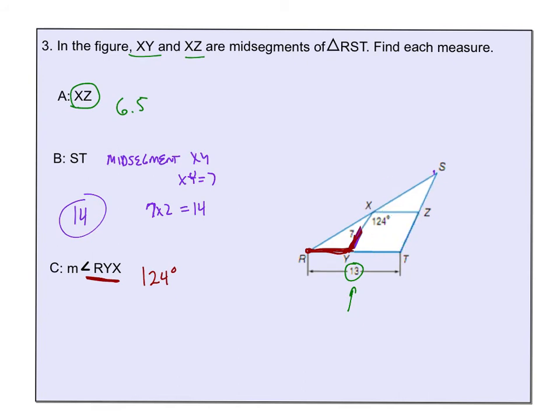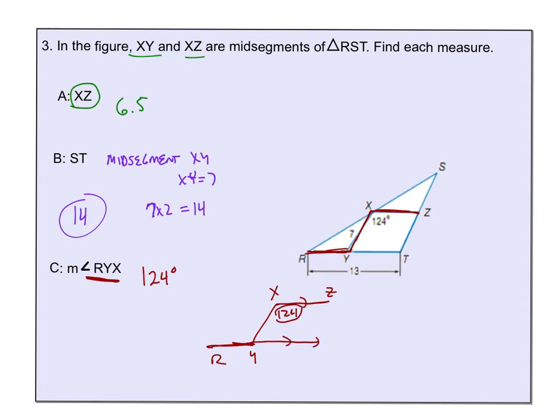So let me get rid of some of this stuff, and let me draw just the important things here. So you have RYX, and then this segment goes over to Z, and that's 124, and that's just mimicking right here. Now, if I extend this out, these two are parallel.